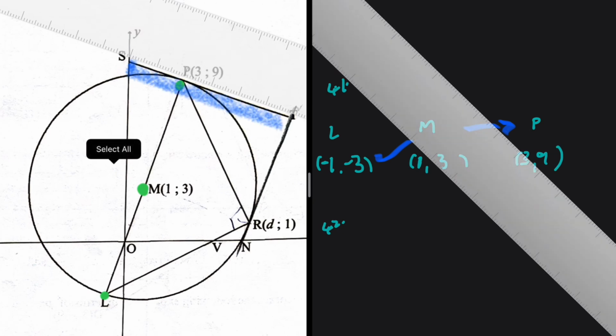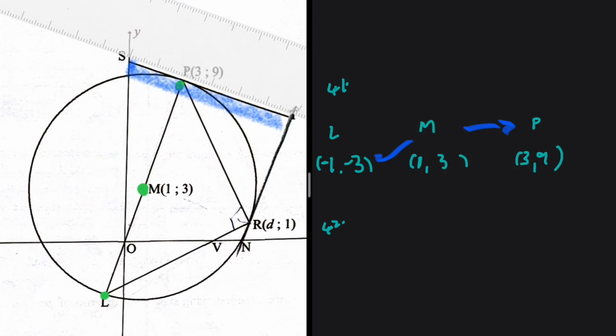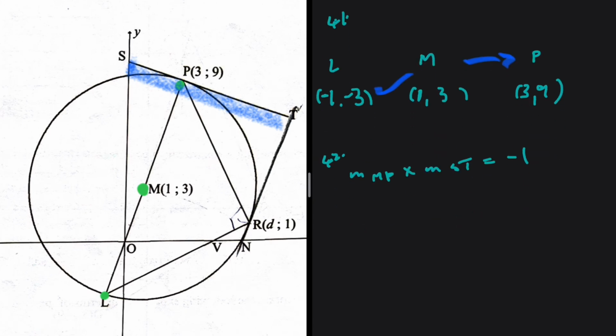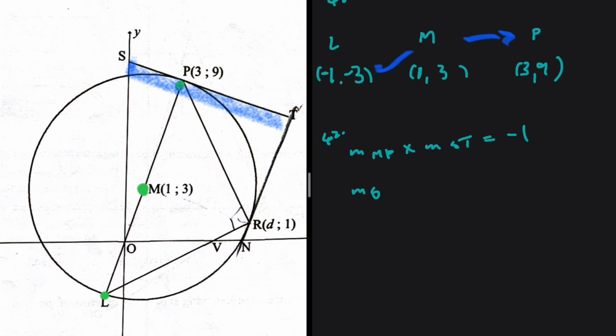ST is that tangent. Obviously, we know that the tangent is perpendicular to the radius, right? And MP is clearly a radius. So we can say that the gradient of MP multiplied by the gradient of ST should give us minus 1. So the gradient of ST is equal to minus 1 divided by the gradient of MP, right?